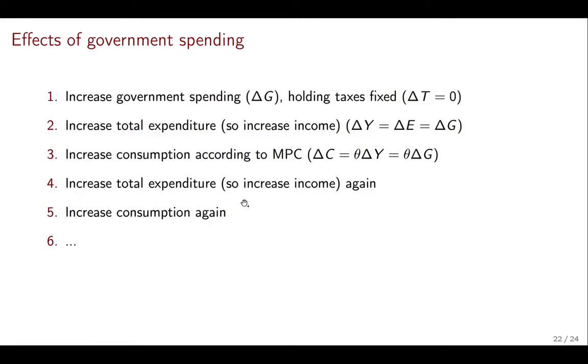So there is an additional second round increase in income. And because there is a second round increase in income, there's going to be a second round increase in consumption, which is going to have a second round increase in income, which is going to then have another round of increasing consumption. And this is going to keep going again and again and again, increasing income, increasing consumption.